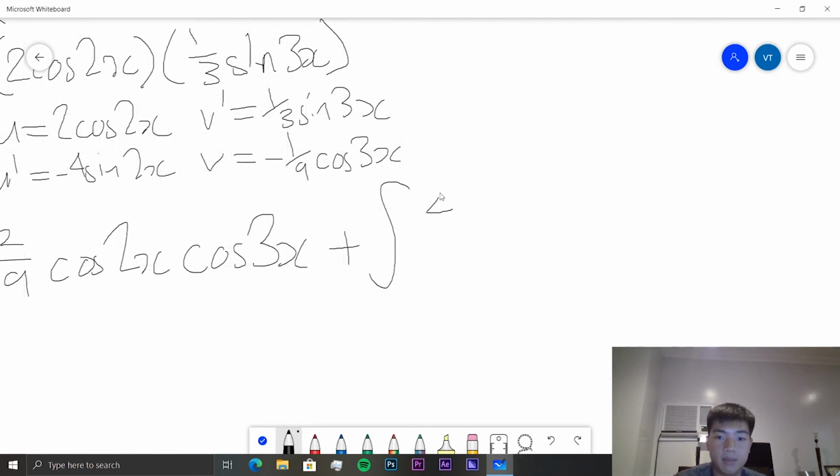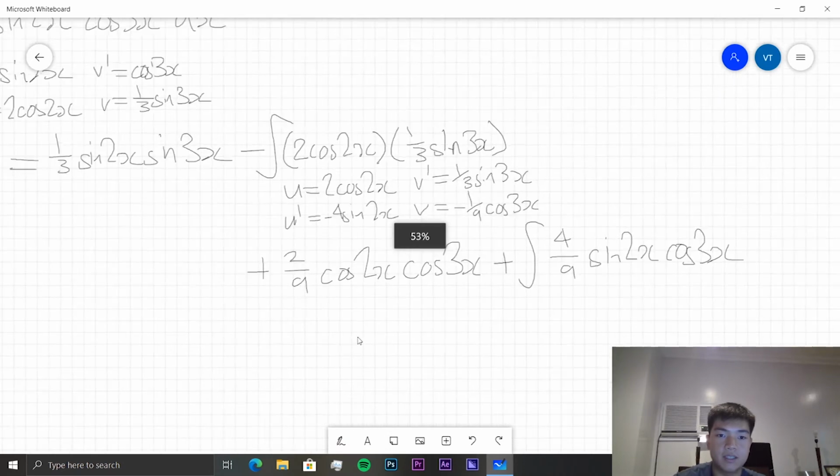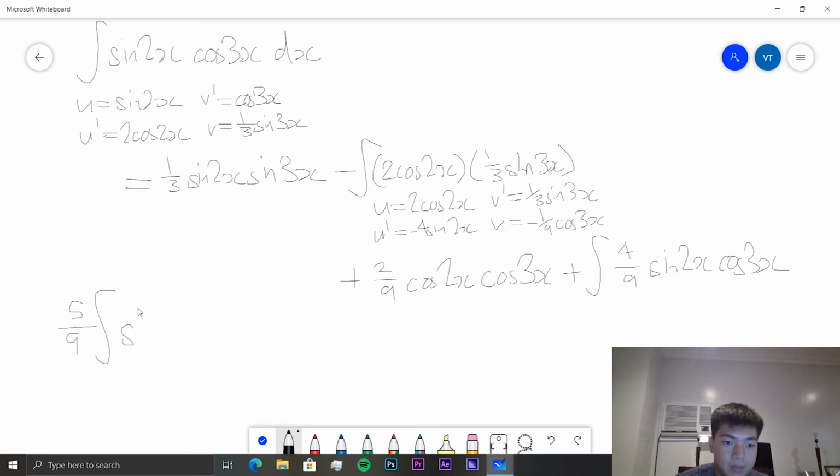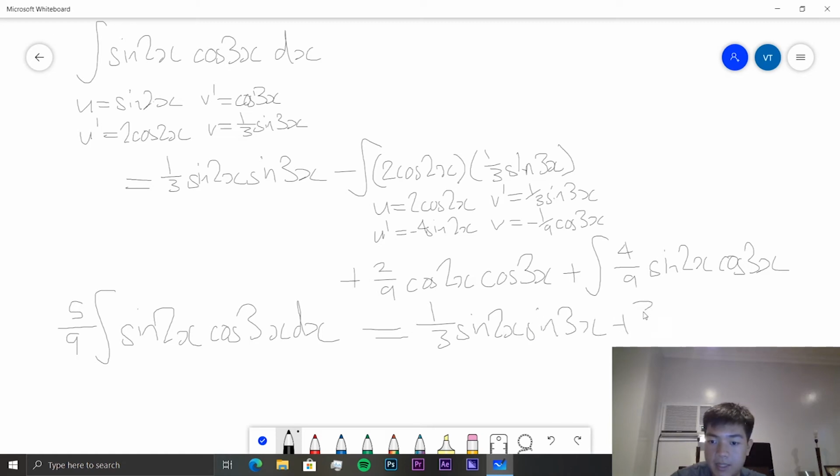And so now we can combine them. Now we can say this is plus 4/9 of the integral of sine 2x cosine 3x. Since this was the original function and this is 4/9, if we subtract it from both sides, we get 5/9 of the original integral sine 2x cosine 3x dx is equal to 1/3 sine 2x sine 3x plus 2/9 cosine 2x cosine 3x.